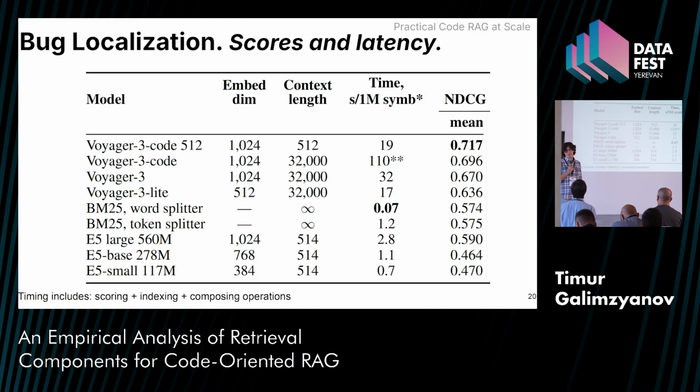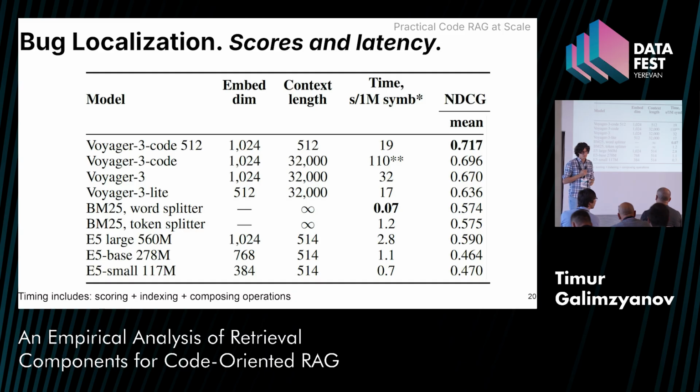Yeah, that was a tricky thing. It turned out that the imports help a lot with bug localization, probably due to the instances you import, they should match the query, and that was the thing.